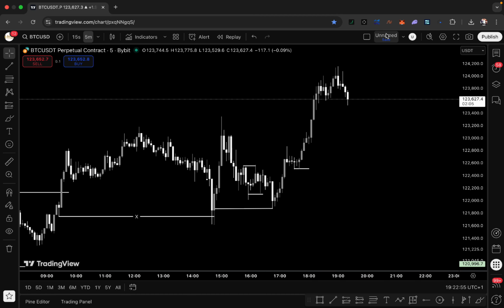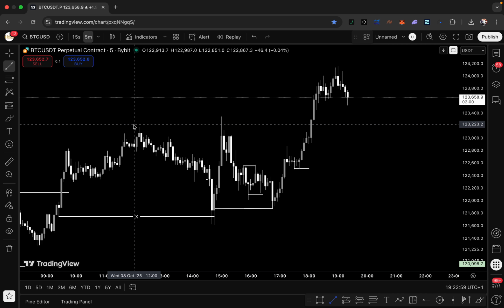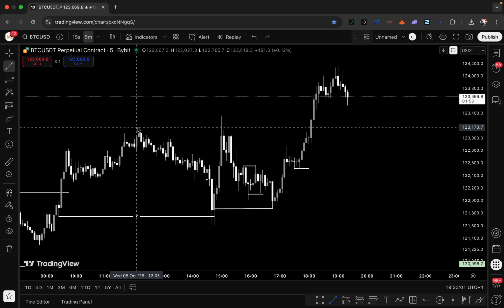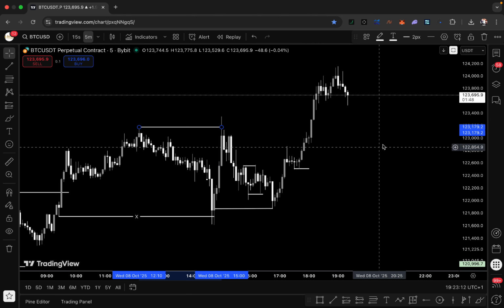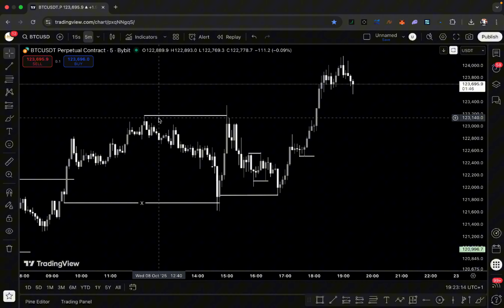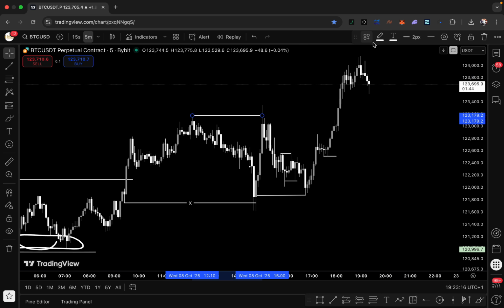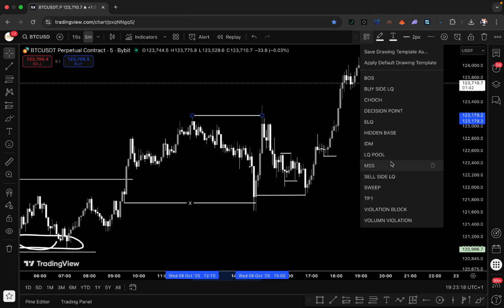And now it broke structure, which confirms it. Mind you, for those who are already trading, we all know an order block can't be a proper order block without breaking structure. So this already broke structure right here.